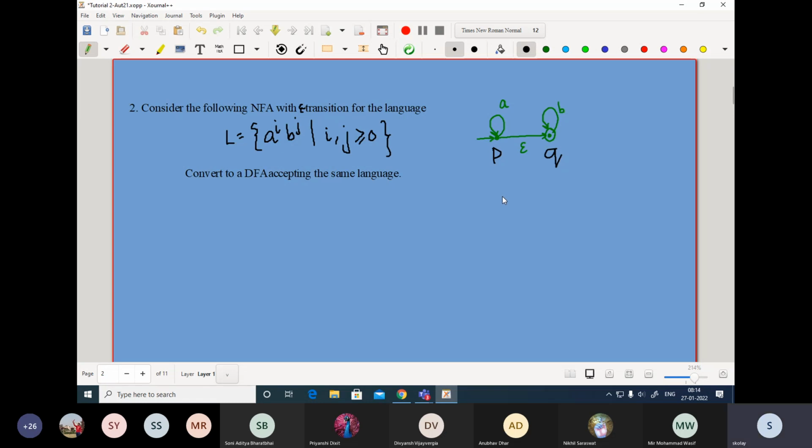So how will you define a multi-step transition function? Ma'am, it will be the same except capital delta of p comma epsilon will be p comma q.